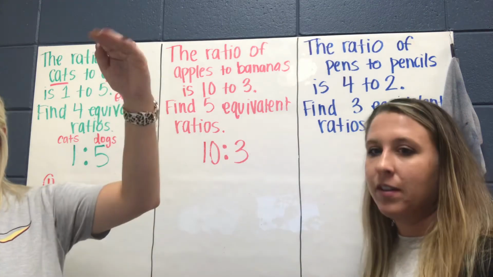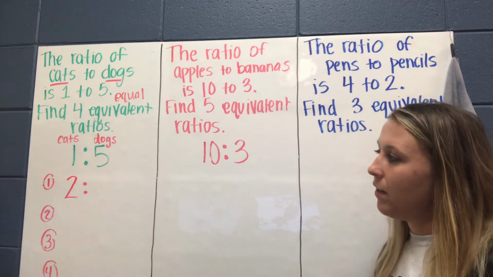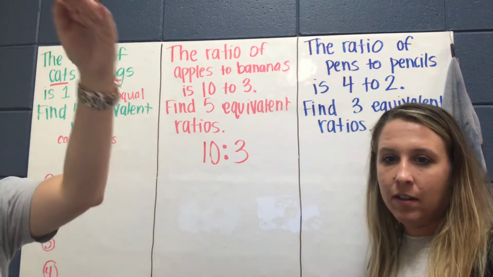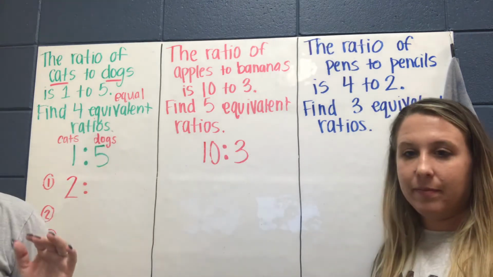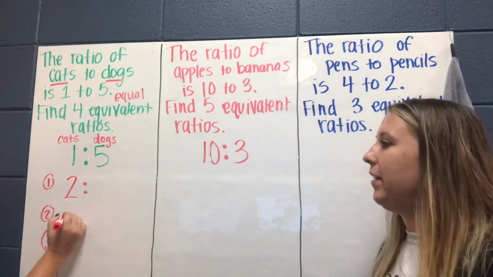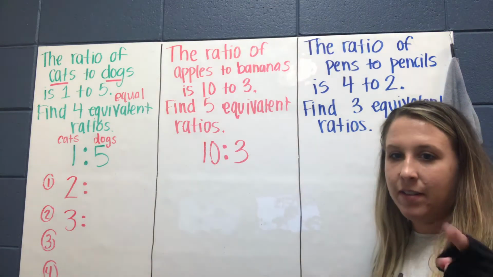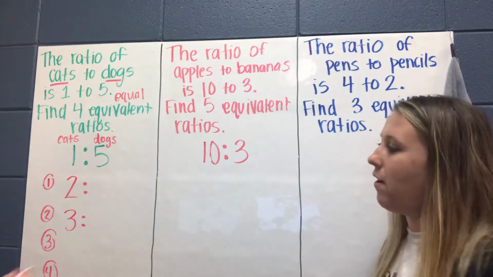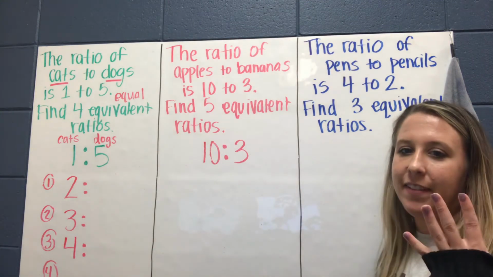So 1, then 2. I'm going to go ahead and draw my colons. What comes next? We have 1, then 2, then 3. Good. Then what? 4. And what's last? 5.